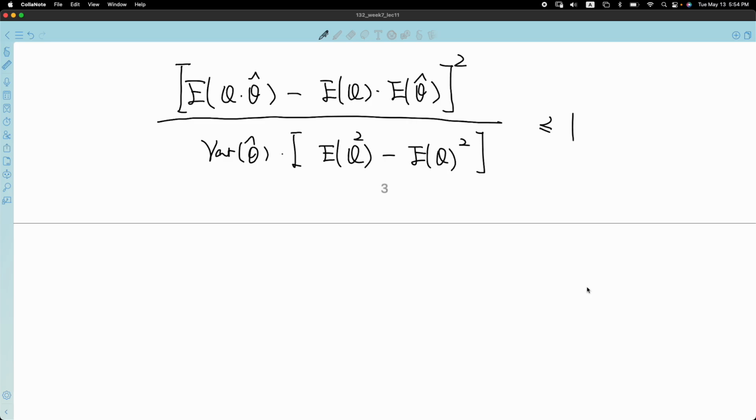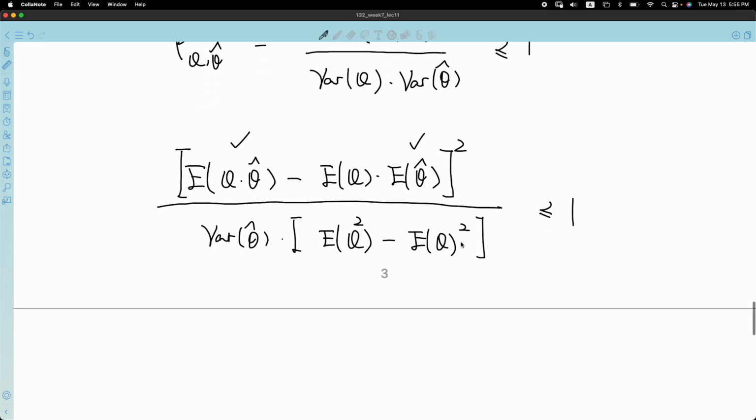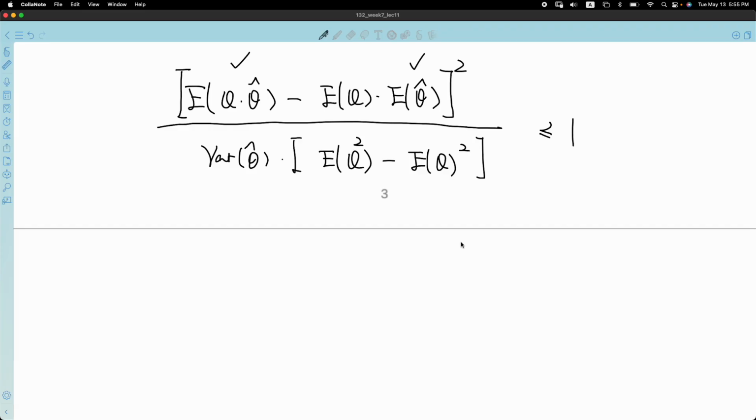Okay, so now let's take a look at each of the terms and see what we already know. We know that the first term is equal to 1, that's already known. We know that this one is equal to theta, by construction, by definition, unbiasedness. For the rest, we don't know. So now let's further fill in the rest of the terms.